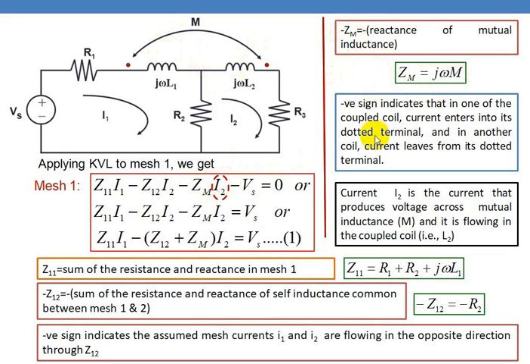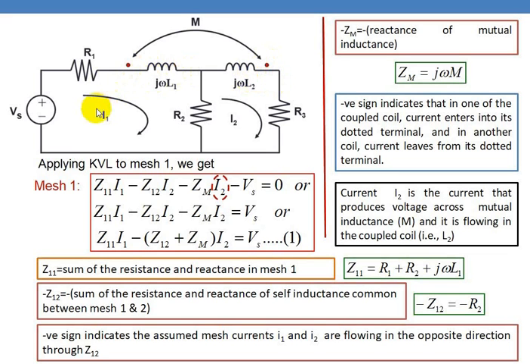And here the negative sign indicates that, see here, when we write a negative sign, it means that the current is entering one dotted terminal and the current is leaving at the dotted terminal of the other coil. There are two coils.